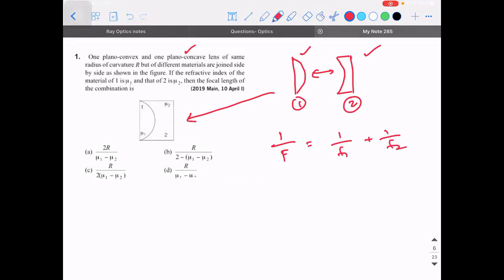So how to find 1 by f1? 1 by f1 is equal to mu1 minus 1 into 1 by, if I take this as the first surface and second surface, for the first surface, what is the radius of curvature? Infinity.